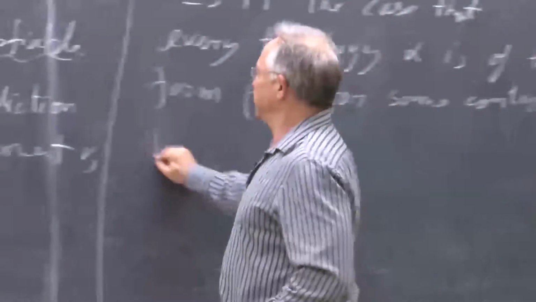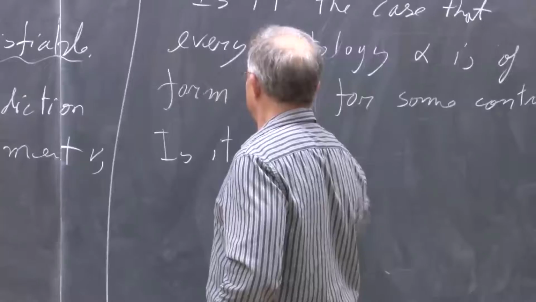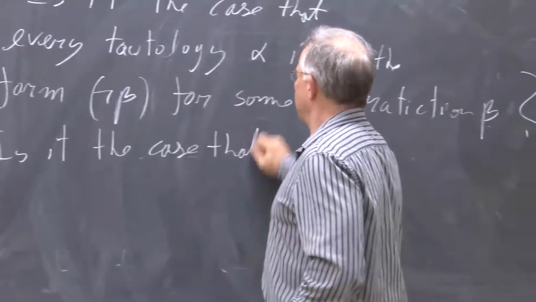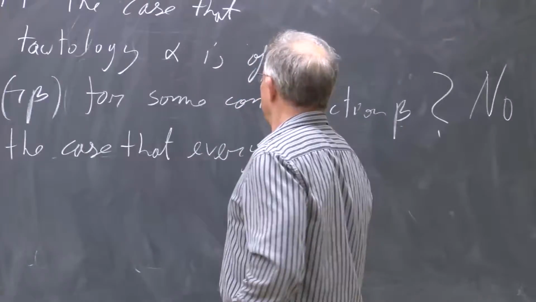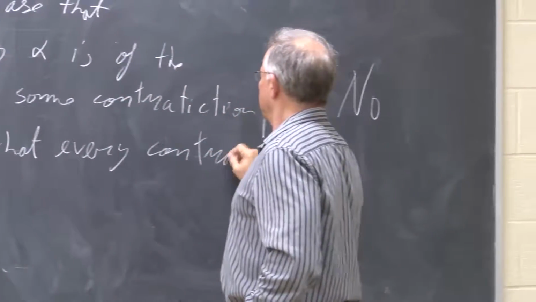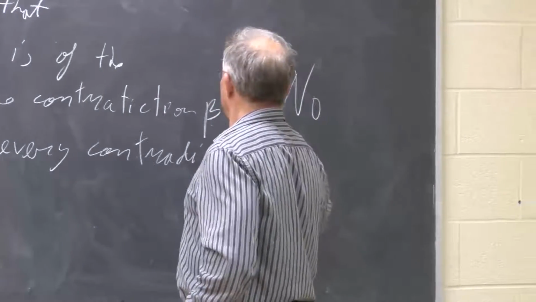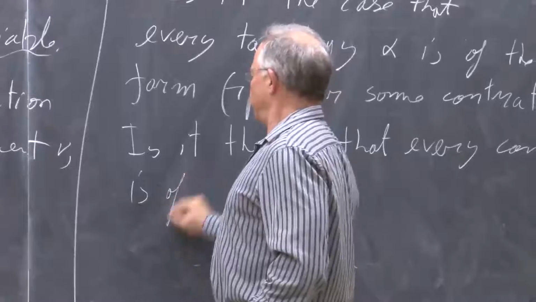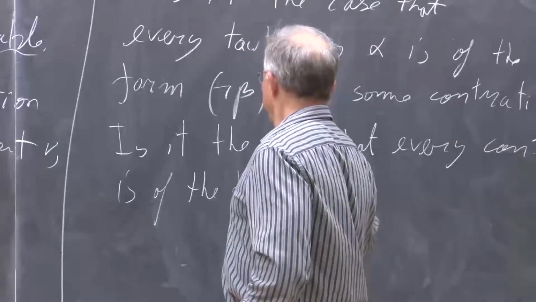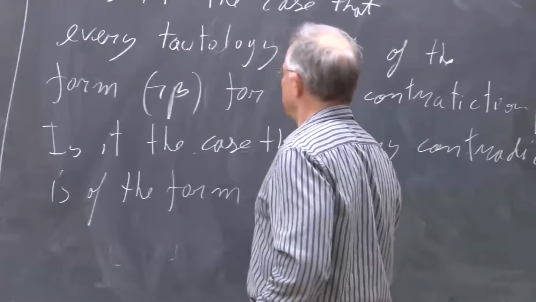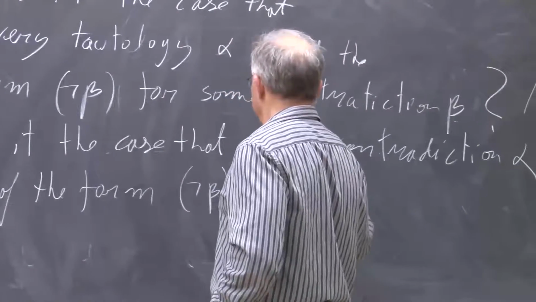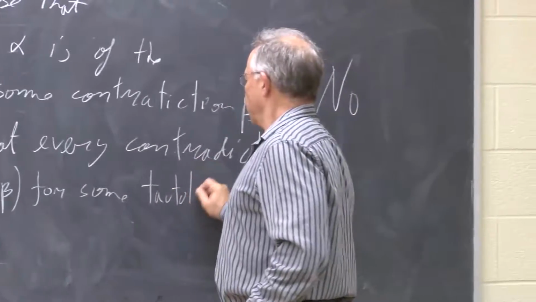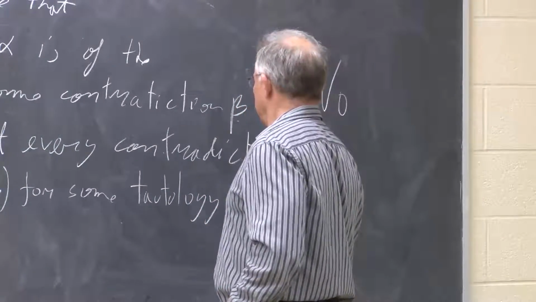Is it true? Is it the case that every contradiction alpha is of the form neg beta for some tautology beta?